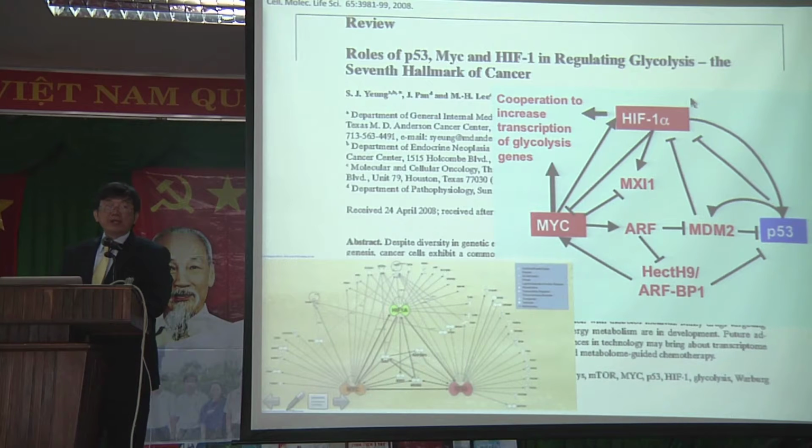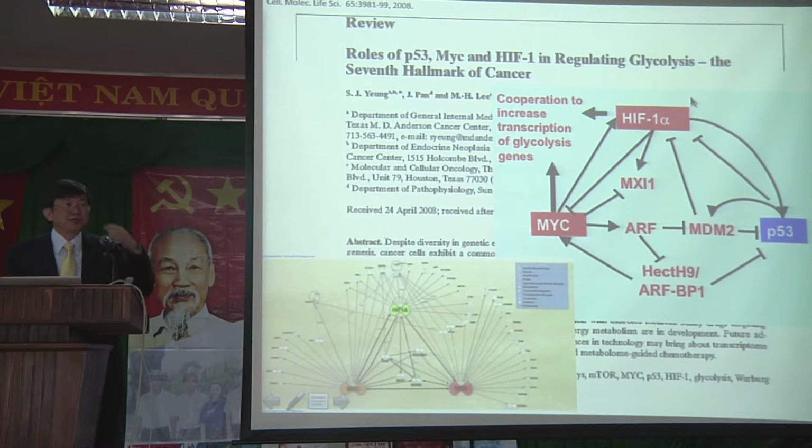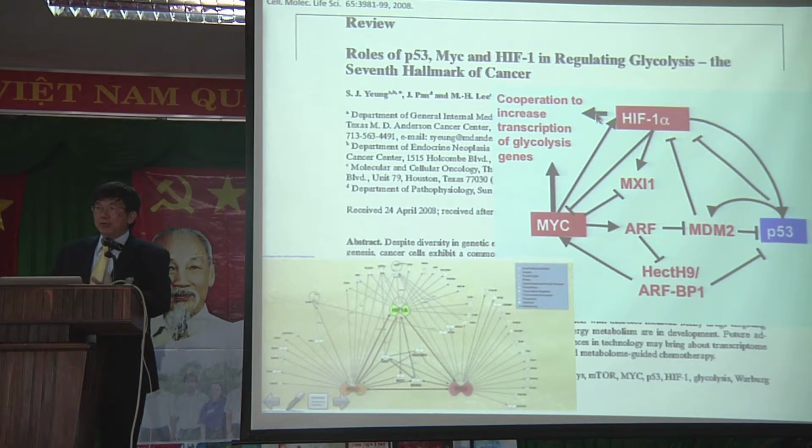So I said a triad of transcription factors. If we look at all the pathways that lead down to the regulation of the enzymes involved in the glycolytic pathway, we can come up with three transcription factors that are very, very often, most frequently involved in many of the cancers.